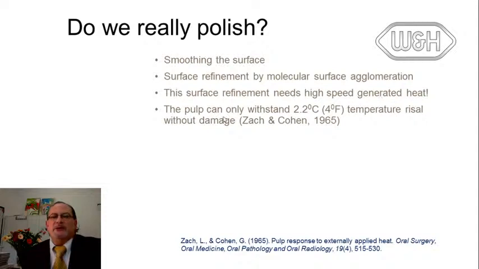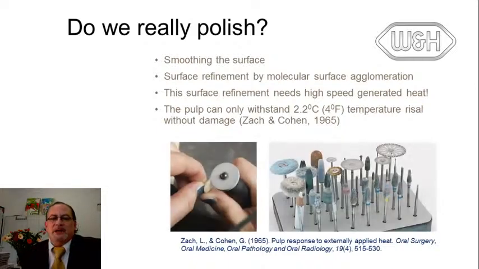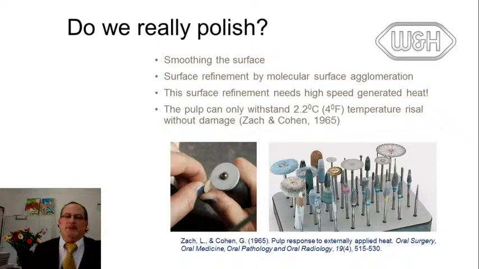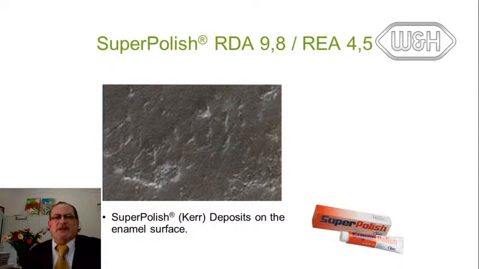And the pulp can only withstand 2.2 degrees Celsius, which means 4 degrees Fahrenheit temperature rise without damage, which we already know since 1965. So when we are talking about polishing, it means something completely different from when a dental technician is talking about polish.